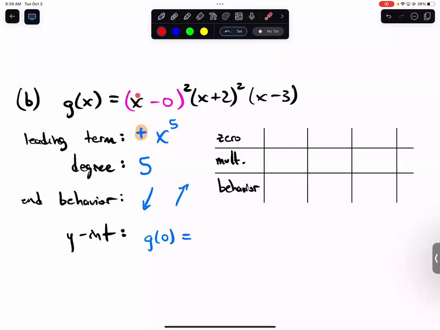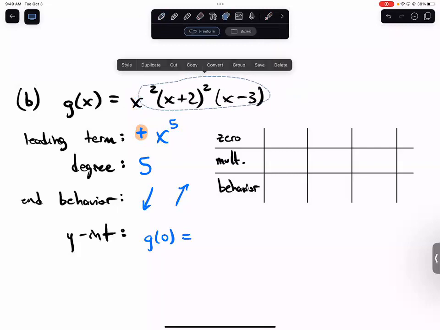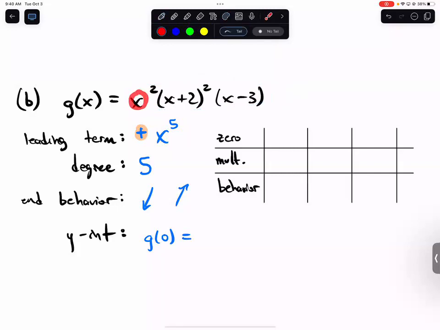If I let x be 0, you get 0 times anything, who cares, right? You get 0.